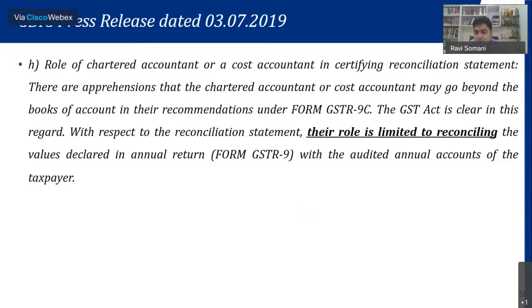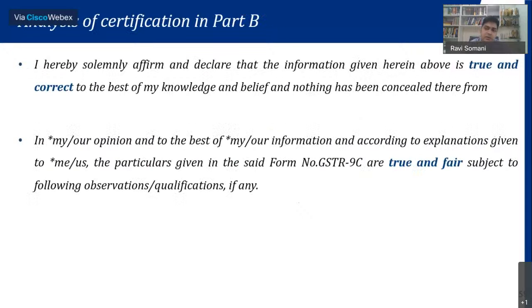And that is where, even if we don't recommend the liability numbers, we need to put the remark in Part B. To say that whatever I am certifying is true and fair or true and correct, I need to get into the books and see whether there is something pervasive or material enough to say something is not true and correct or true and fair.